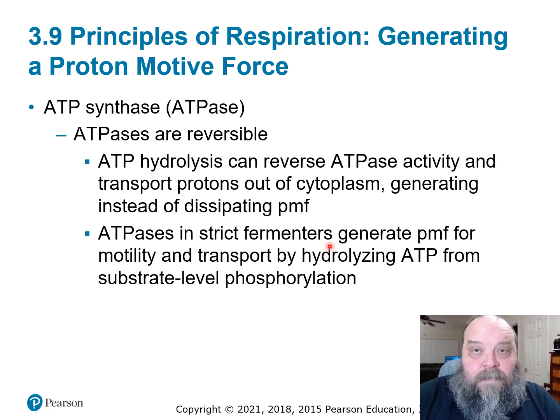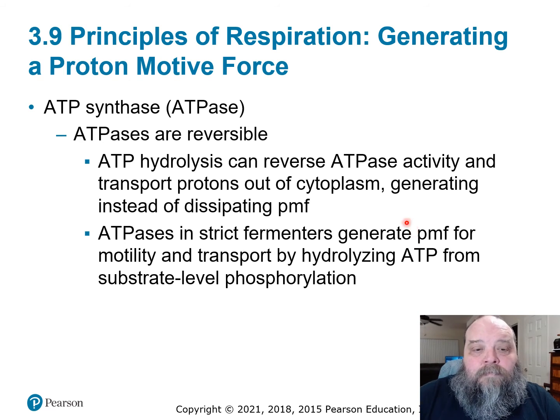Now, for fermenters, okay, since they're not using the citric acid cycle, they're not using oxidative phosphorylation, so they're having trouble making NADH, FADH, so they can pump to make that. Well, they'll use ATP synthase going in reverse to set up the proton motive force, pump hydrogens back out, because remember in the last chapter when we were talking flagella, those were driven by the proton motive force, not ATP.